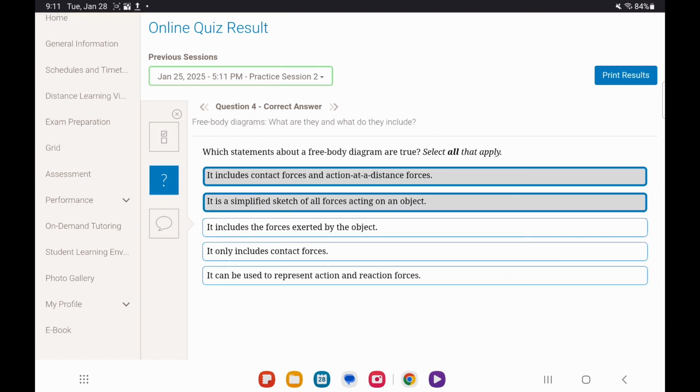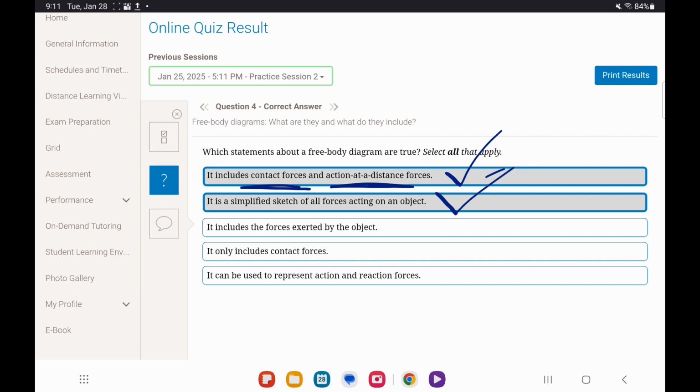Like I said, you have to memorize everything about free body diagrams. We know it includes contact forces because it includes all forces, and the forces are split into two main parts: contact forces and action at a distance. So this is correct: it's a simplified sketch of all forces acting on an object. That's also right.